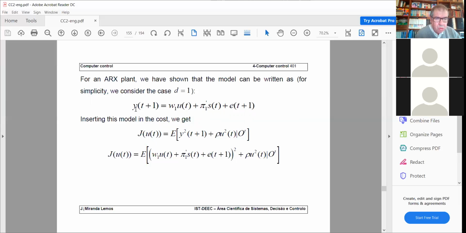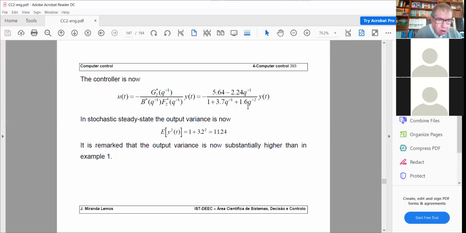So I can write y of t plus 1 is some coefficient times u of t plus a linear combination of past values of y up to time t and u from time t minus 1 backwards. And you have, of course, e of t plus 1.